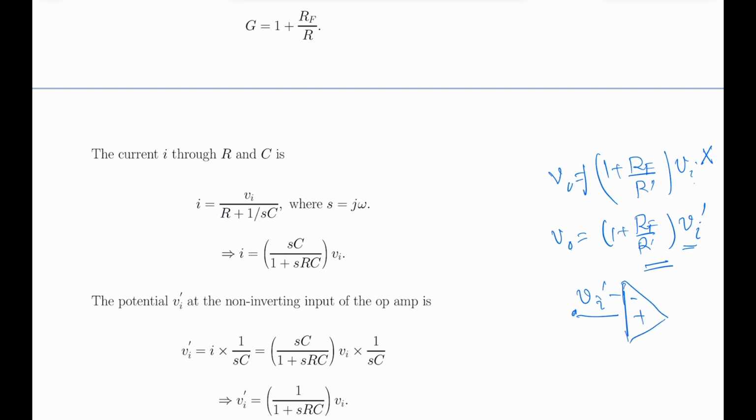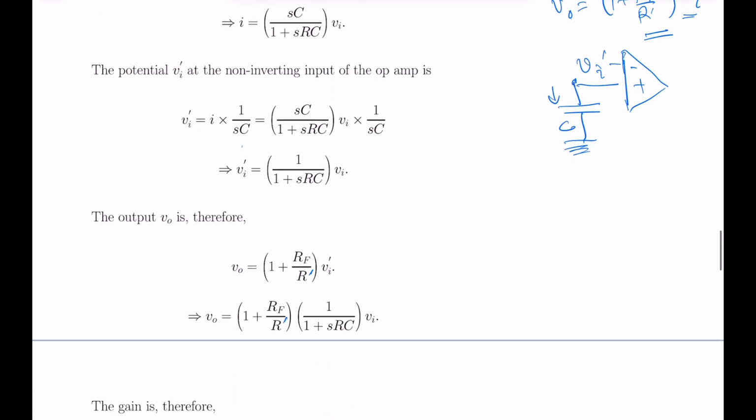Here we have the capacitor, this end is grounded, so the potential is I into 1 upon Sc. Clear? Put the value of I here. So I is equal to Sc upon 1 plus SRC, Vi, into 1 upon Sc. So Vi dash is 1 upon 1 plus SRC into Vi.